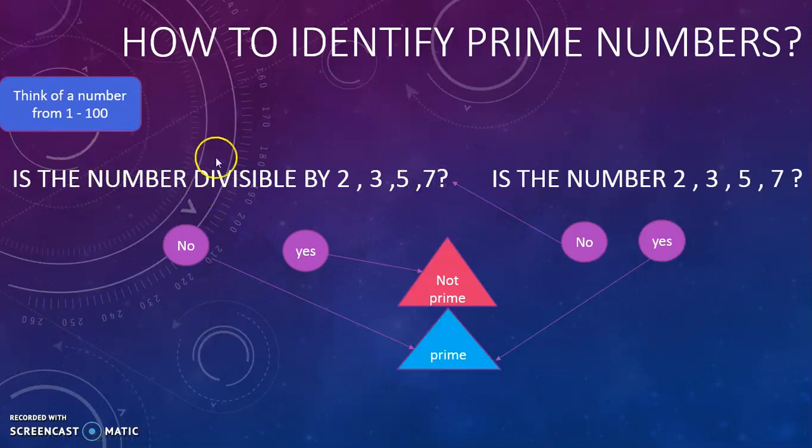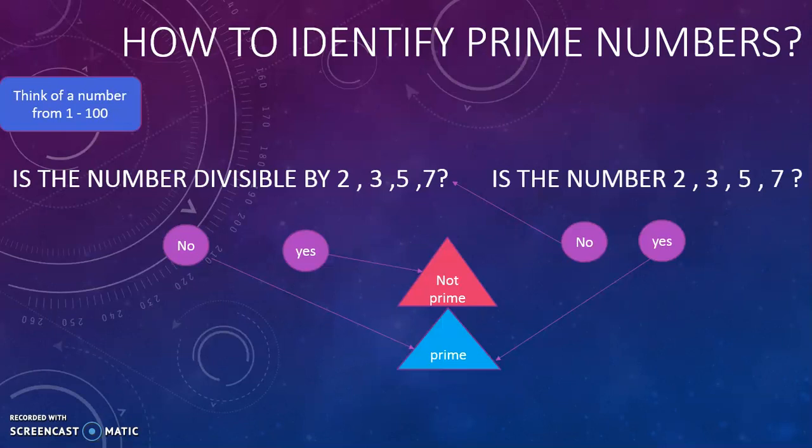Next question: is the number divisible by 2, 3, 5 or 7? Is 13 divisible by 2? No, remainder 1 will come. 13 divided by 2 is 6 and remainder 1. 13 divided by 3 is 4, remainder 1. 13 divided by 5 is 2, remainder 3.